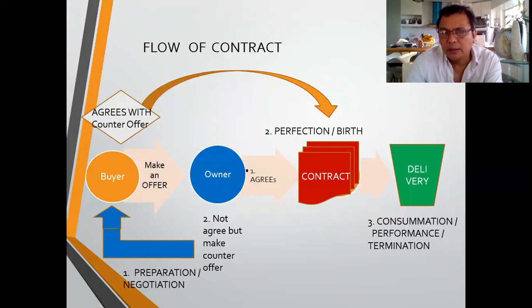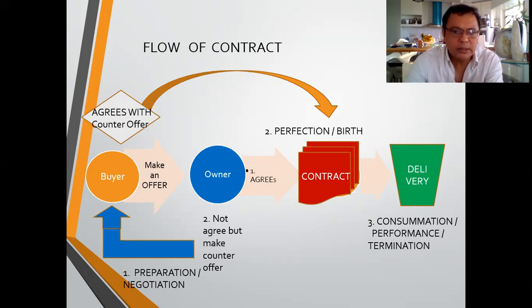And then consummation comes next upon the delivery of the item and the delivery of the price by the owner. So stage 3 is consummation, performance, and termination of the contract.